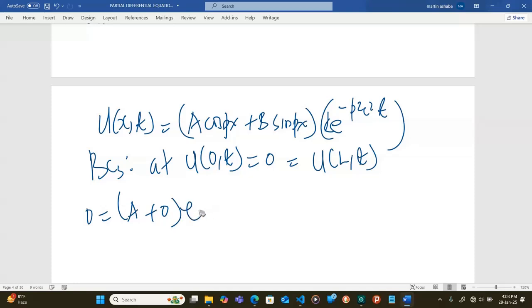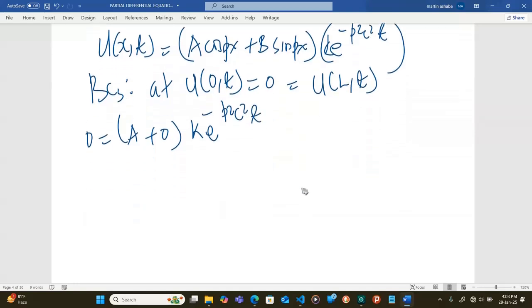Then I will have k exponential of negative p squared c squared t, which is equal to 0.